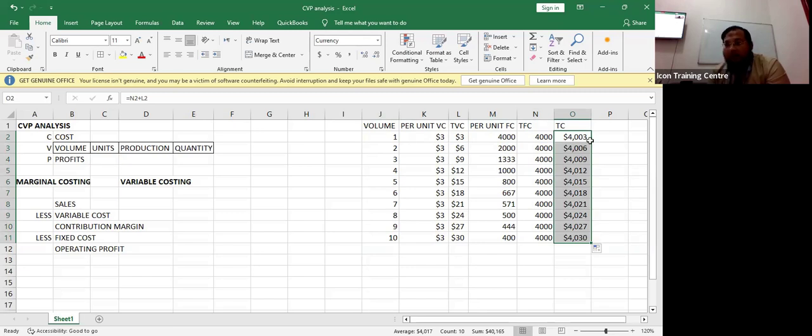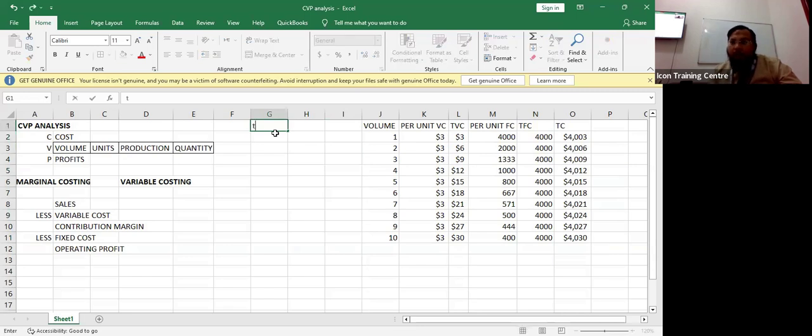Okay. Right. So can I say here that total variable cost is equal to per unit variable cost multiplied by units? Any problem?